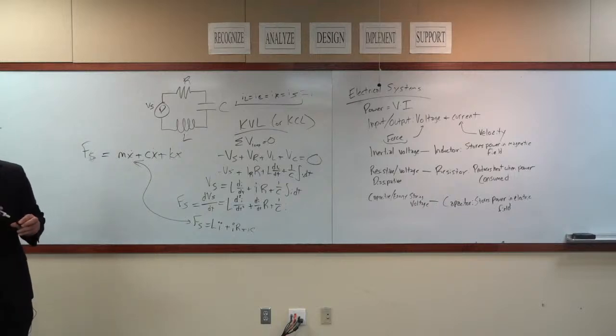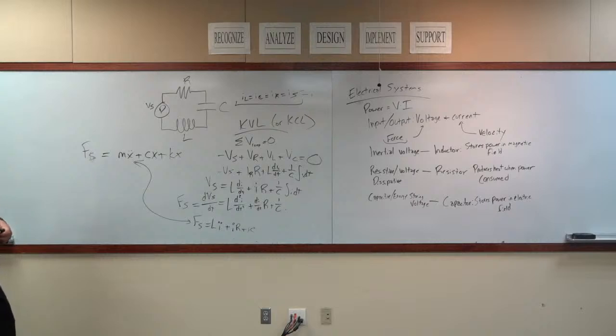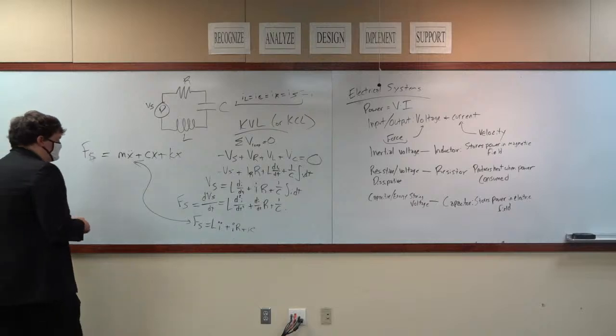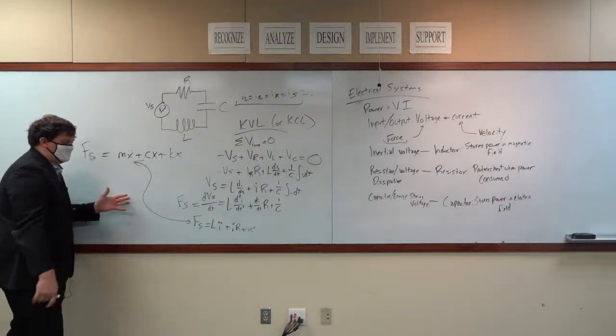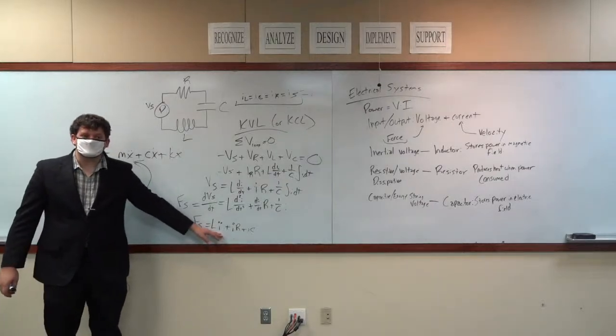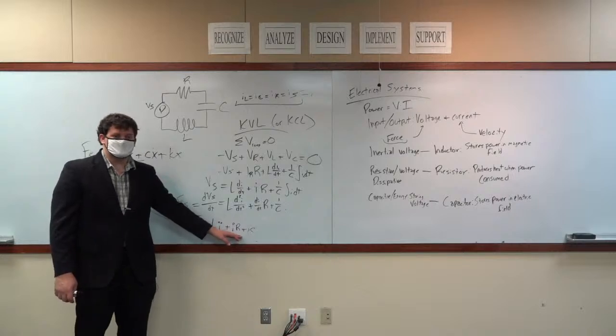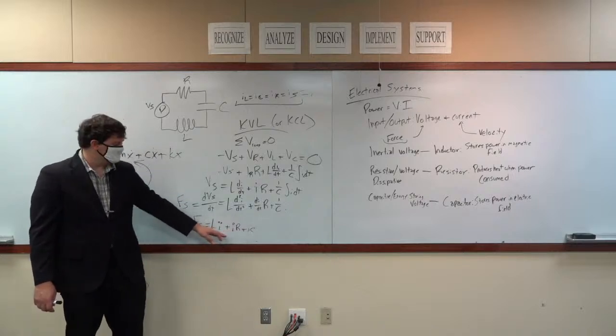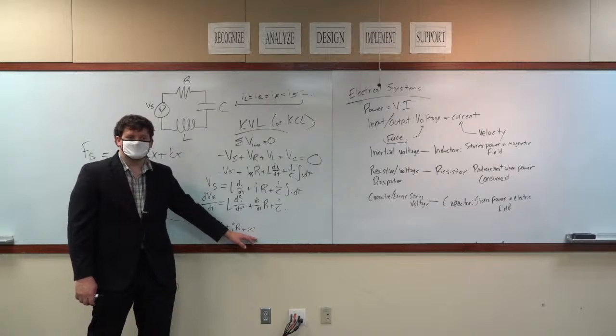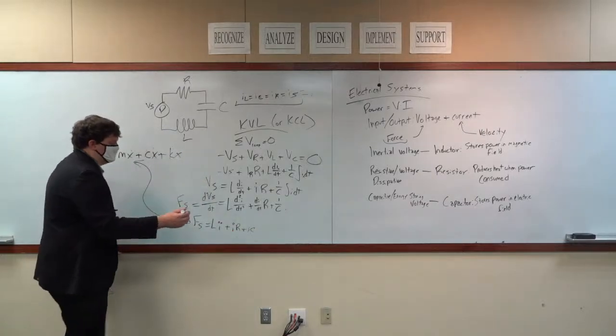So it's really not that surprising when we're looking at this type of system that here, this is your inertial force or your inertial voltage. This is your resistive force or your resistive voltage. And this is your capacitive force or your capacitive voltage.